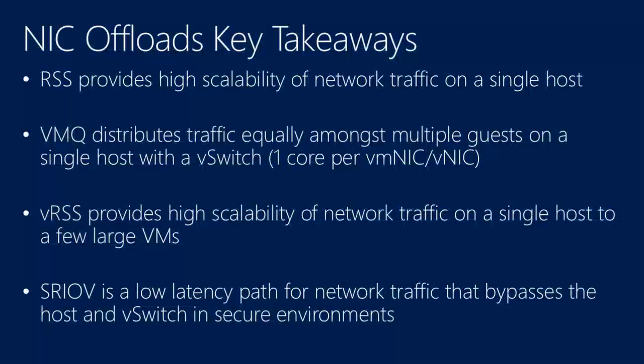VMQ fairly distributes traffic among multiple processors on a virtualized environment, anywhere where a vSwitch is bound. VRSS provides the best of both worlds. It allows you to scale across multiple processors for one VM, and SRIOV allows you to bypass all the vSwitch processing for very latency sensitive workloads.